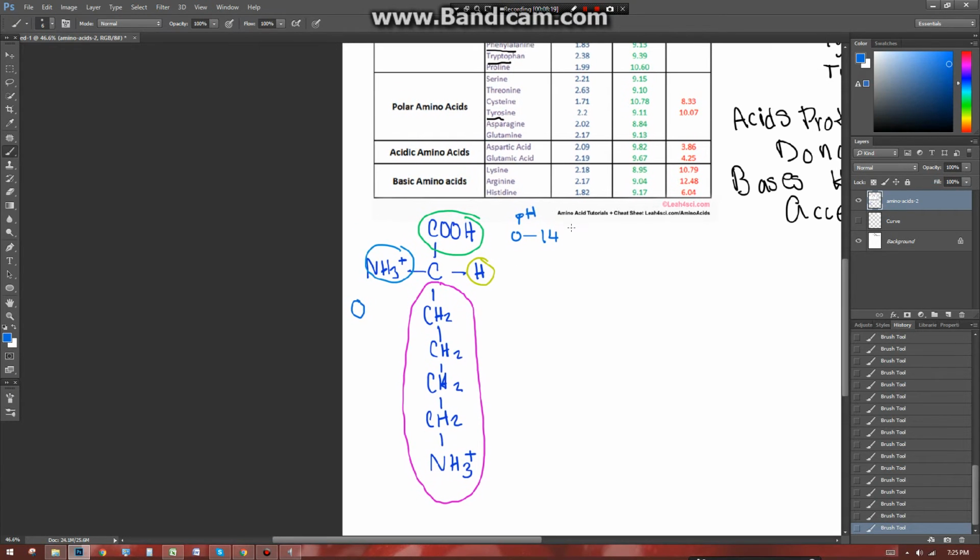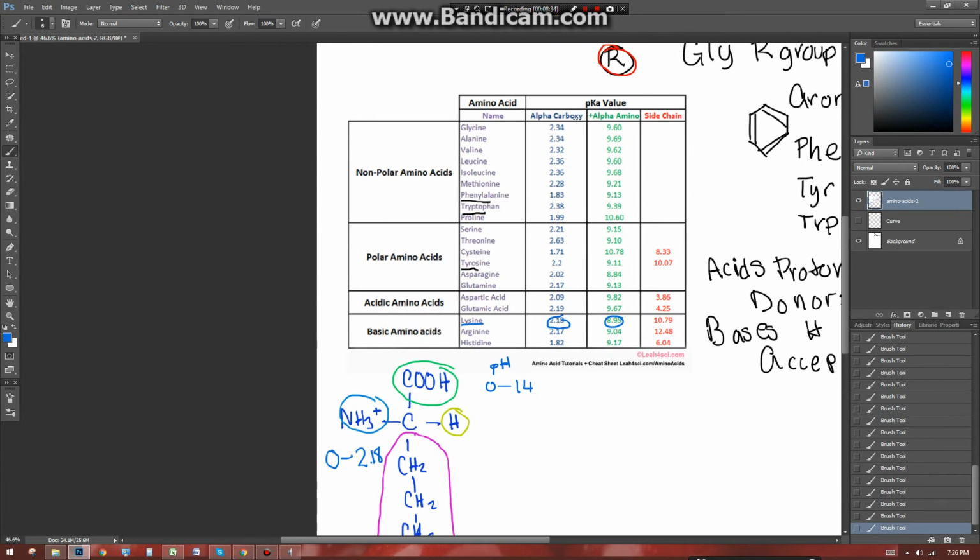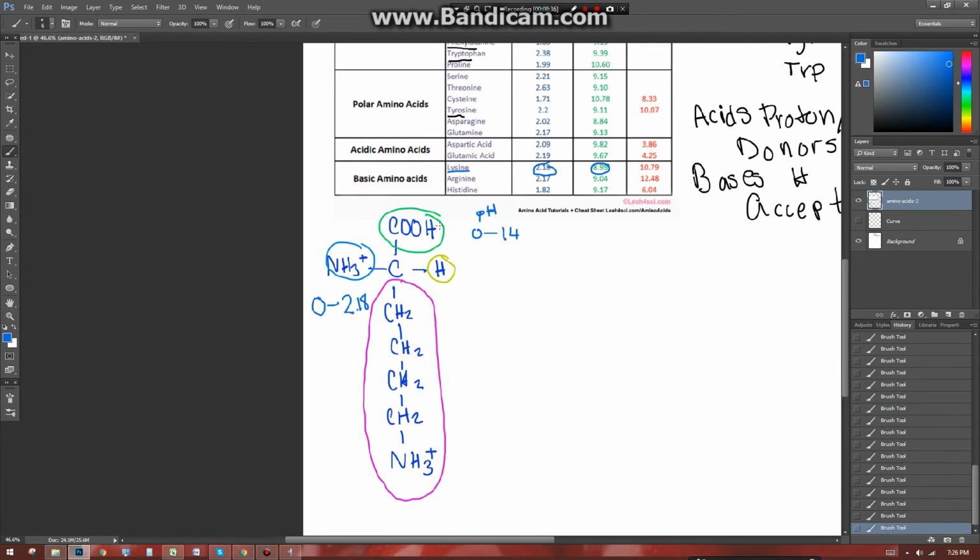And that's, this is lysine right here on the chart, from 0 to 2.18. It's going to be mostly protonated. But then from 2.18 to 8.95, it's going to lose its carboxyl hydrogen. So that's this one right here. So from 2.18 to 8.95, this hydrogen's going to pop off.